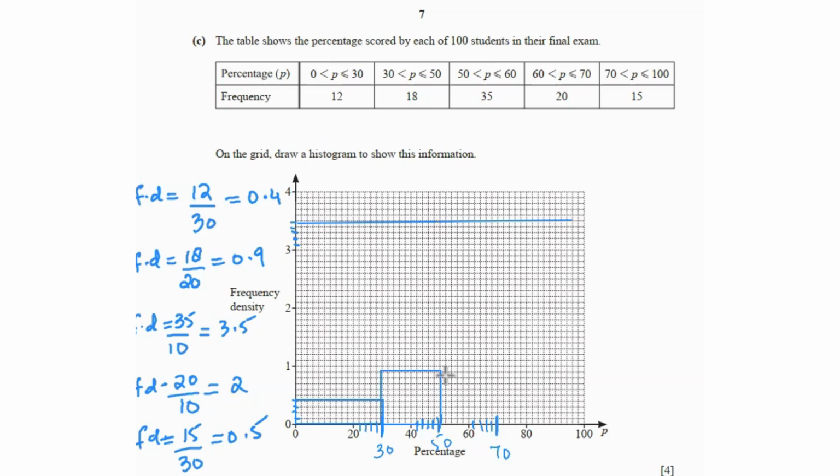I think I should just draw the line. Okay, we have 50 to 60, then 60 to 70, that is 2. And 70 to 100 is 0.5. That's your histogram.